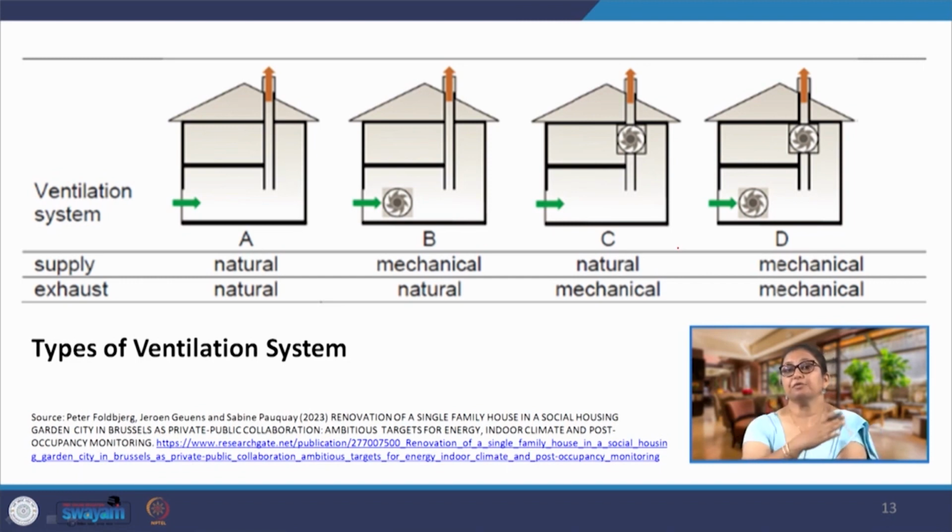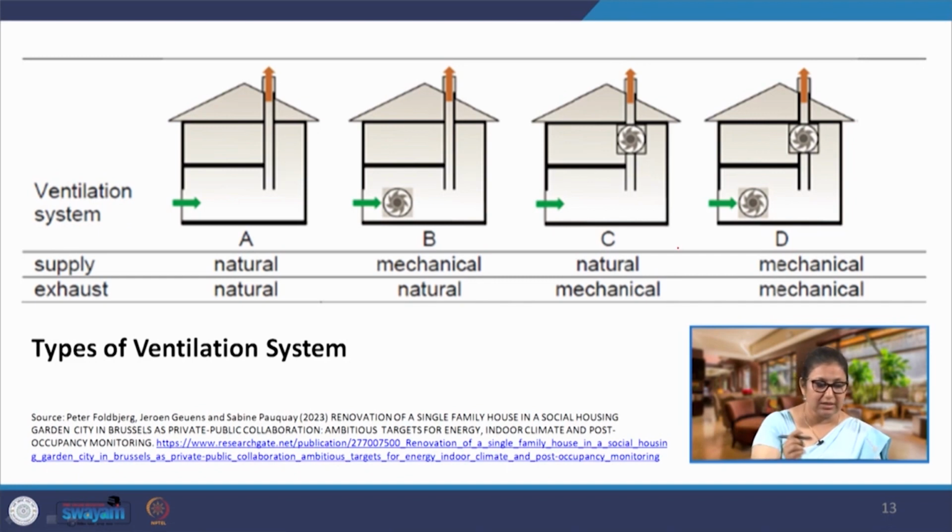Now, in a lot of cases we would see that it is only mechanical ventilation through the ducts, through the air tubes that we provide, and there is no other possibility. So, what we can actually do is have both natural ventilation as well as mechanical ventilation. I am not even talking about air conditioning here, I am only talking about ventilation. In the case of the wind tower, we allowed the air to come in through the windows at lower level and the exhaust is through the wind tower where mechanical exhaust has been provided.